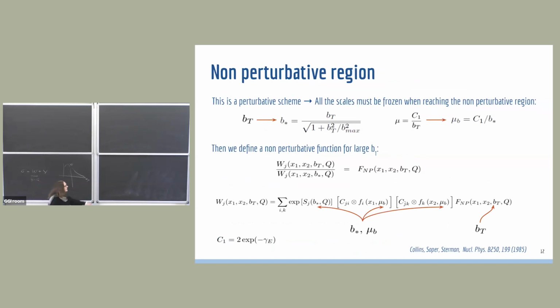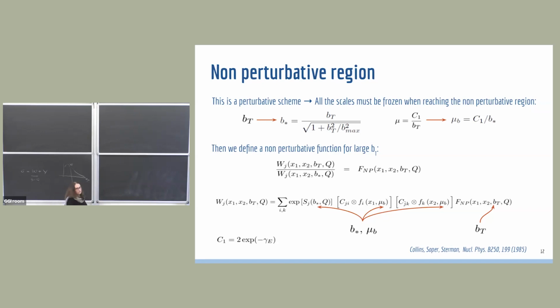So the first step is you trade your bT variables for something that traditionally is called b*, which behaves like bT when bT is small. Small bT means perturbative region. So in the perturbative region, you work happily with your perturbative expansion, as long as bT is very small.